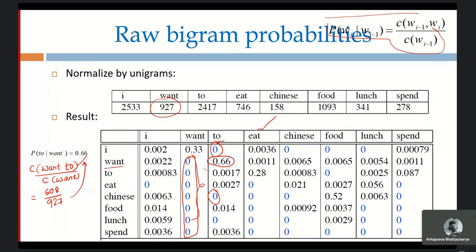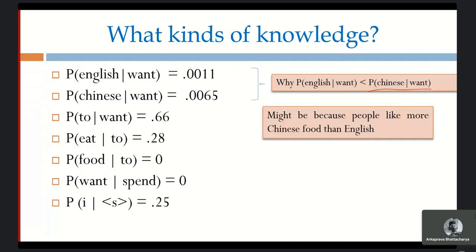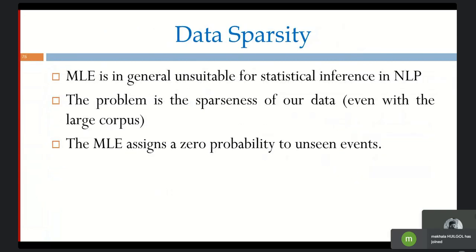If a pair like 1, 2 has not been seen, then definitely it will be zero. So the probability of that whole sentence would be zero because the pair has not been seen. So how can we overcome such sparsity?